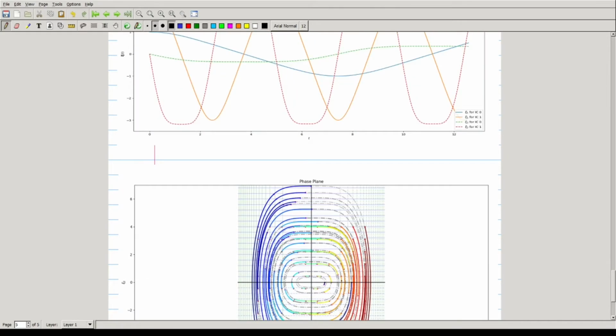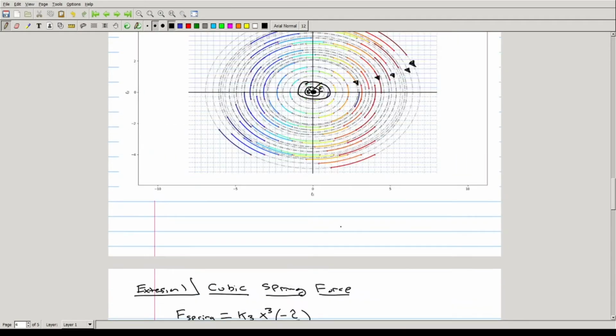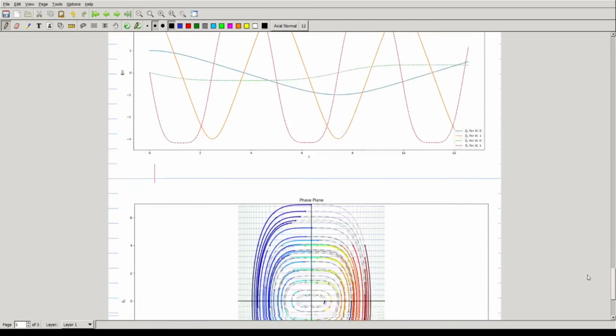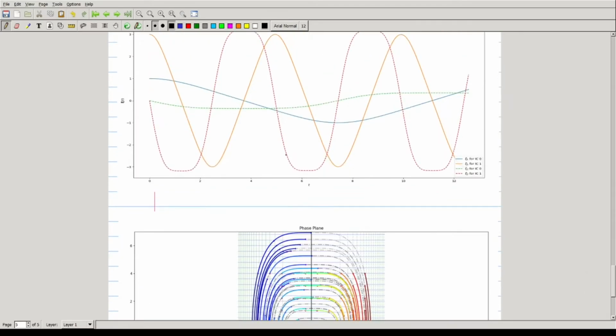By the way, on all of these phase curves, I plot the initial conditions, both initial conditions 1 and 3 that are done in the previous plot, so you can see what these two trajectories look like in phase space.